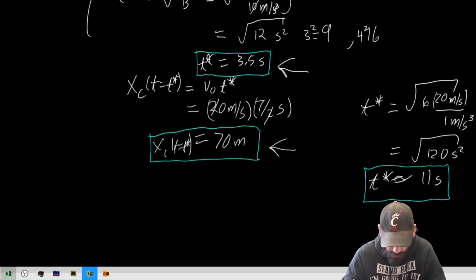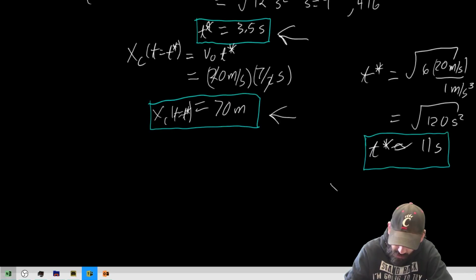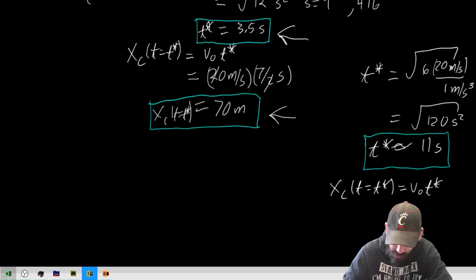Okay, so let's see what that does to our distance equation. So this says that x sub c of t equals t star is going to be equal to v0 times t star, which is going to be equal to 20 meters per second times 11 seconds.